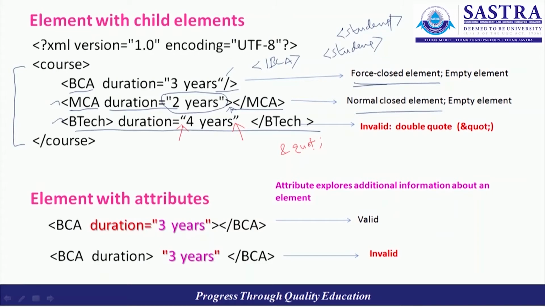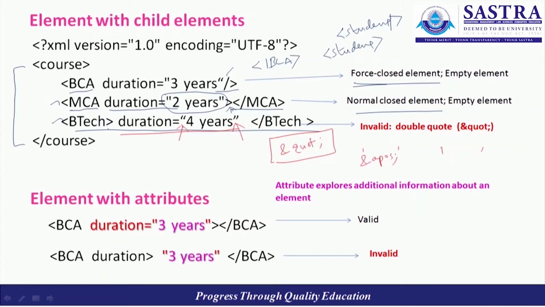If we are going to give double quotes in our text area, in the sense it should be only ampersand quot semicolon wherever we need a double quote. Suppose we want to have a single quote, in the sense we can use ampersand apos semicolon. This will add a single quote wherever we need.